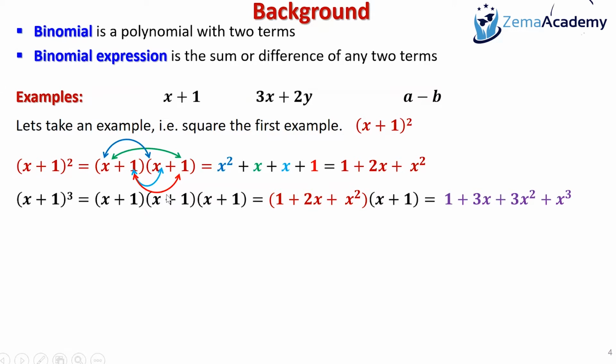I took the answer of the first two bracketed terms and multiplied x plus 1 with this term. When I do that, as you can see, when the power has risen to exponent n equals 3, the binomial expression that I am getting is in terms of cubic power. I hope it is clear.